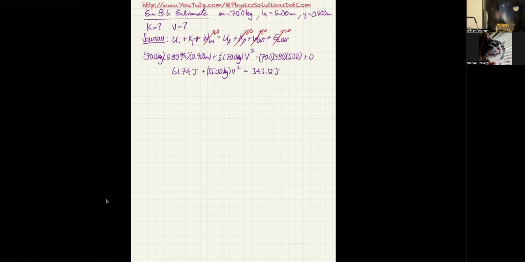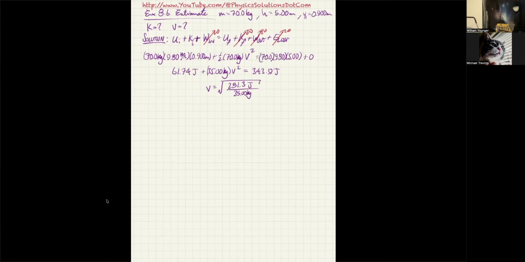So I can subtract 61.74 from both sides, and I get V is equal to the square root of 343 minus 61.74, which gives me basically 281.3 joules, divided by 35.00 kilograms.